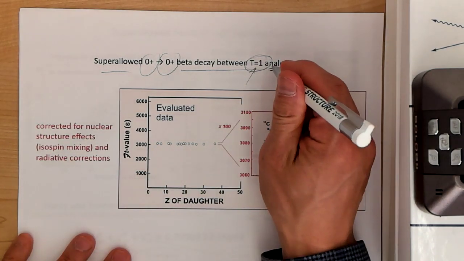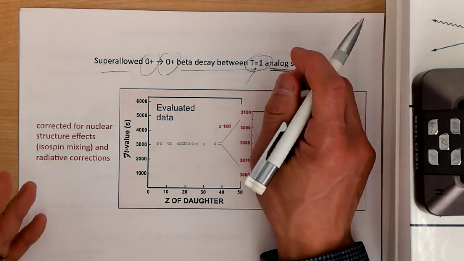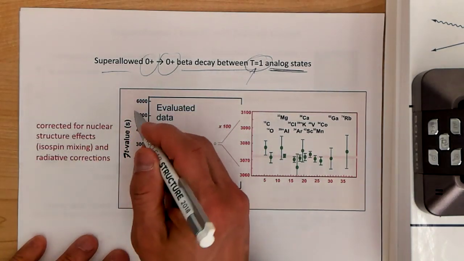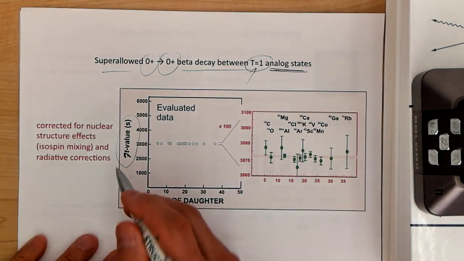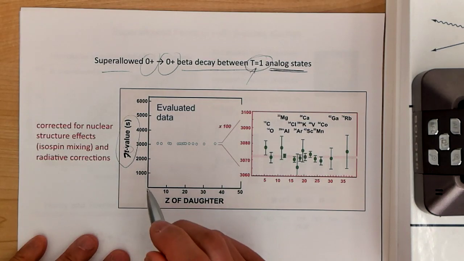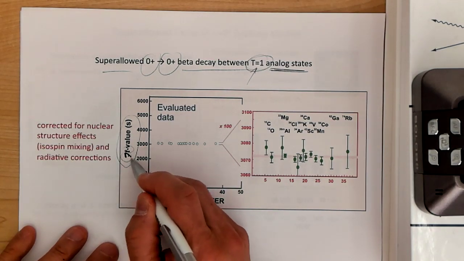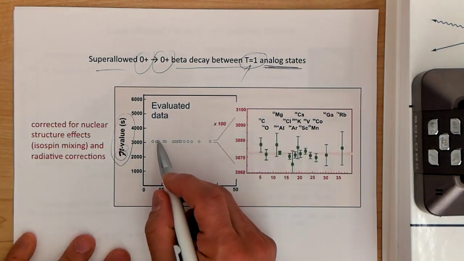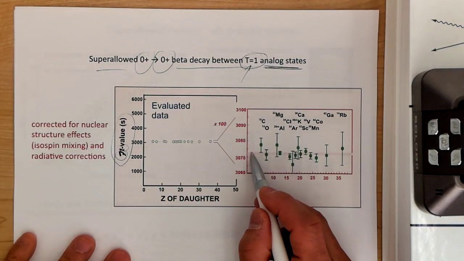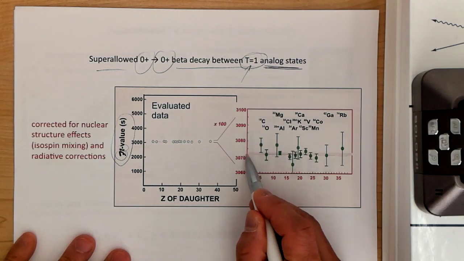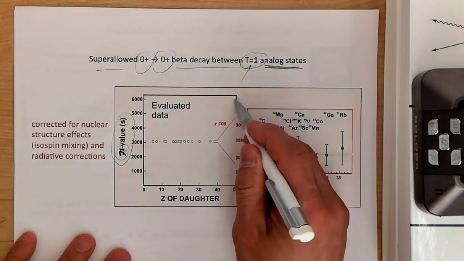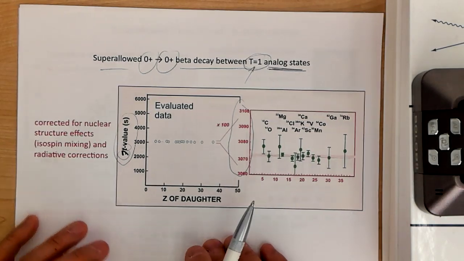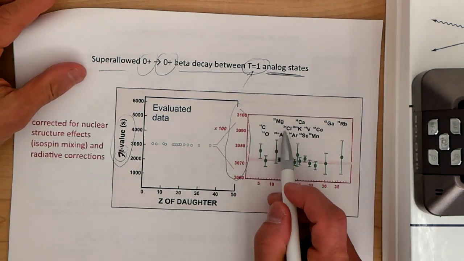These are states that, as I said, are in the same isospin family. So you can make a nice prediction for the Ft value. Remember, t is the half-life, f is this integrated Fermi function. And you can see the prediction is really quite accurate. Notice the numbers here. It is really right on top of the data for various different nuclei.